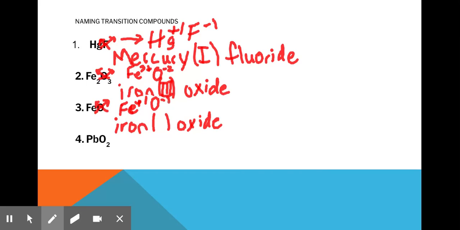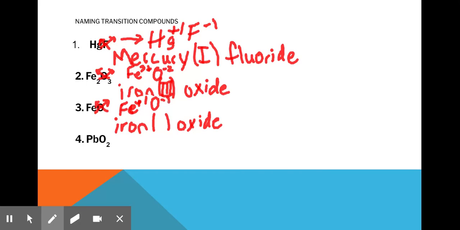But if you check the periodic table, you see that oxygen is in group 16, which means it's supposed to have a charge of -2. However, right now it's got a charge of -1. So we need to fix this. And the only way to do that is to multiply the charge on oxygen by 2. What we do to one, we have to do to the other.